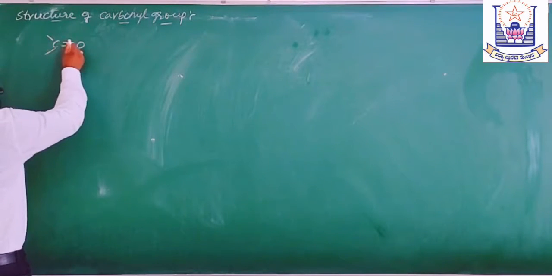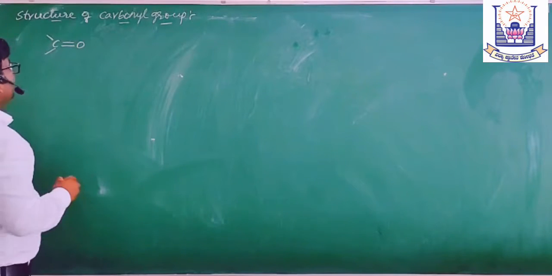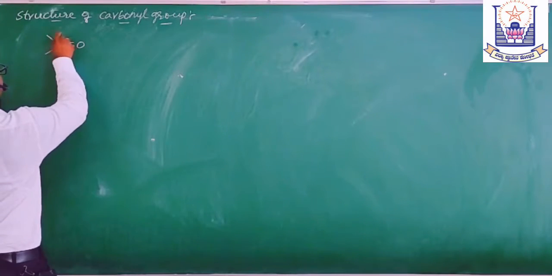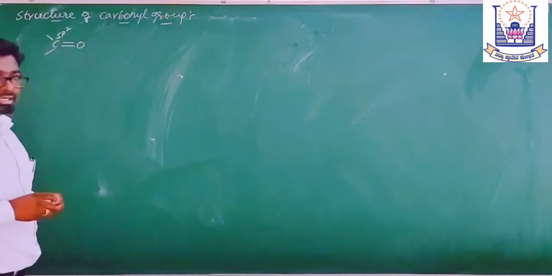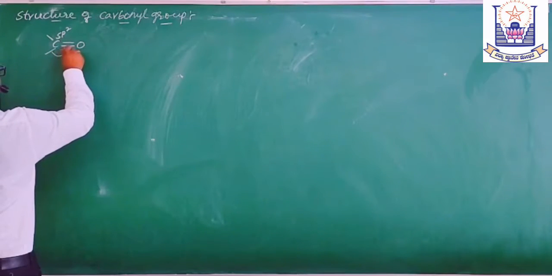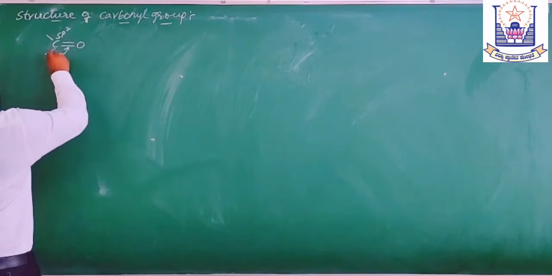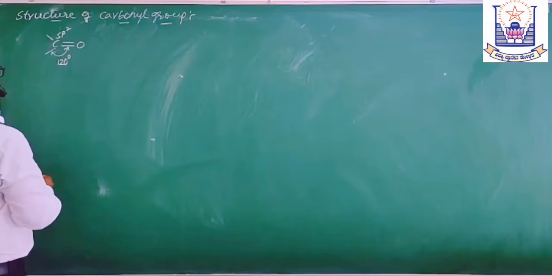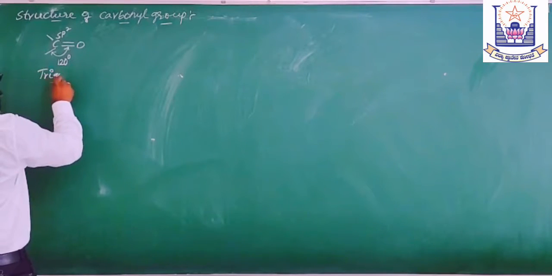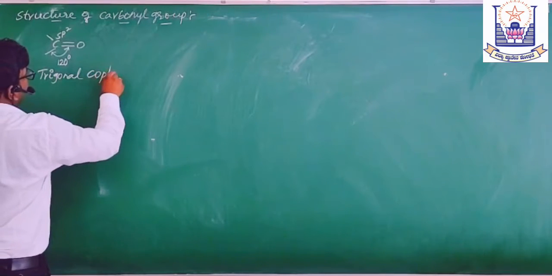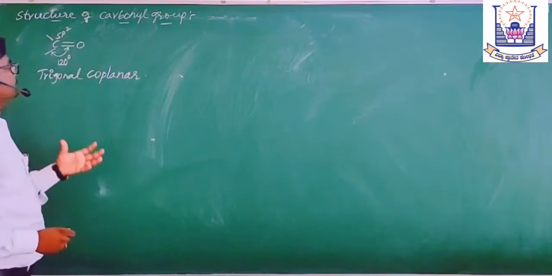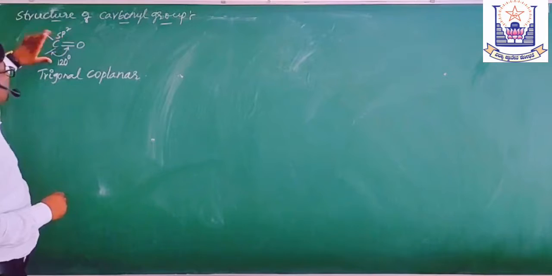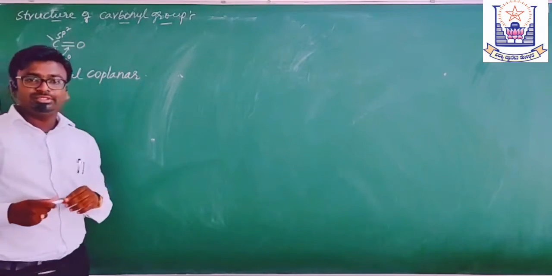Whenever a carbon has 3 sigma bonds, it will be in the sp2 hybridized state, with a bond angle of 120 degrees and trigonal coplanar geometry. So here the carbonyl carbon is sp2 hybridized, making a bond angle of 120 degrees, and the shape is trigonal coplanar.